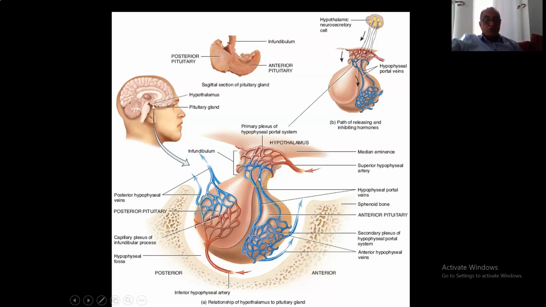So you should always know that there is a portal circulation between the hypothalamus and the pituitary stalk and the anterior pituitary gland.